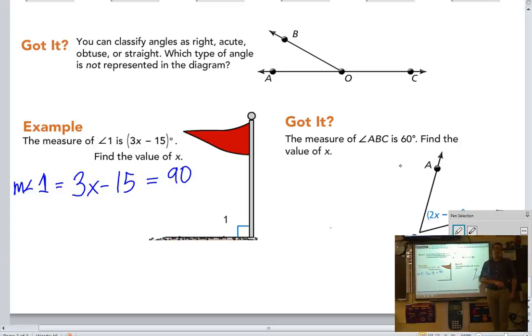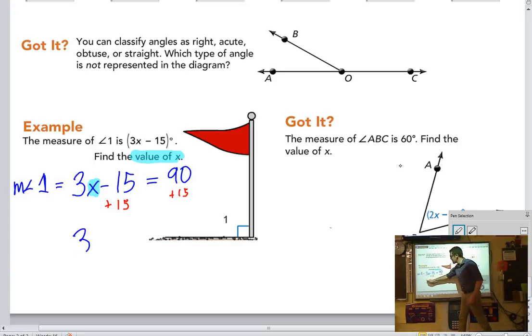And if we are asked to solve for the value of x, Casey, do you know what I would do first? Trying to isolate this x value. We want to add 15. This is just our equation solving. Work PEMDAS backwards. Add 15 on both sides.